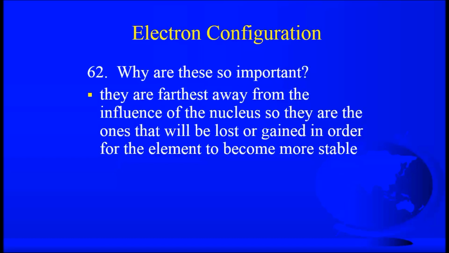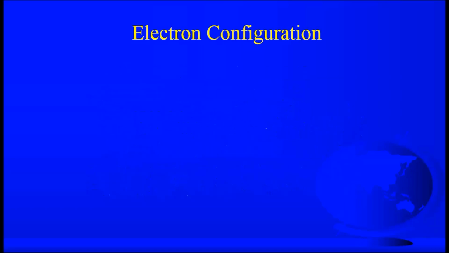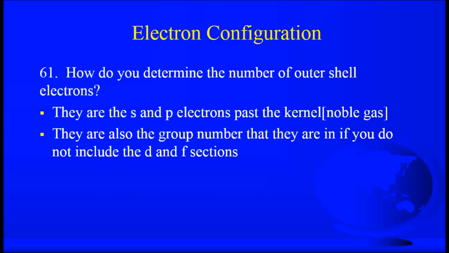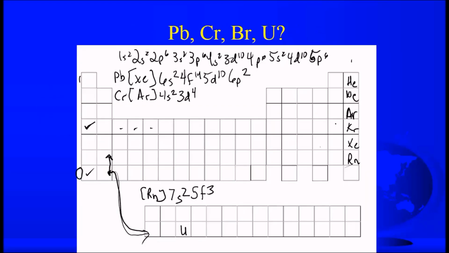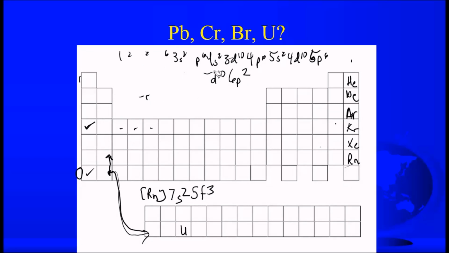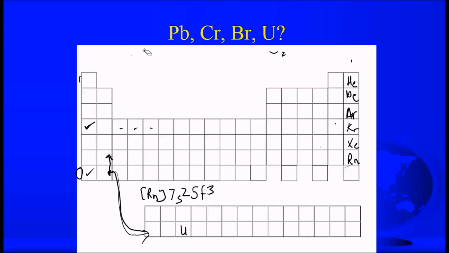How do we do this? Quite simple. Where are they on the periodic table? All we care about is the S and P electrons, right?